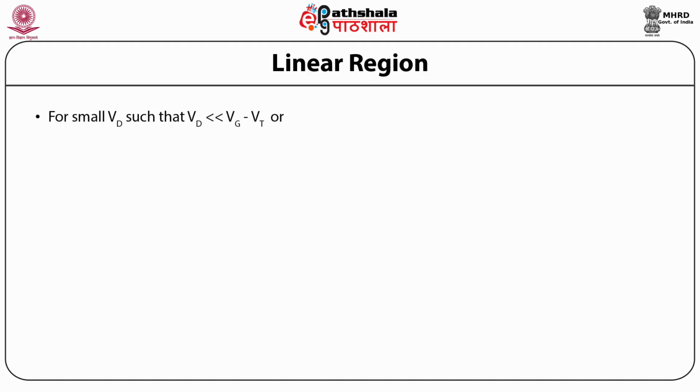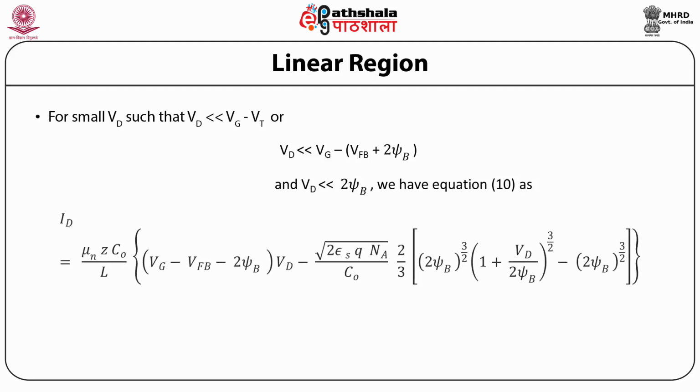For small Vd, such that Vd is very much less than Vg minus Vt, or Vd is very much less than Vg minus Vfb plus 2 psi b, and Vd is very much less than 2 psi b, we have the previously discussed equation as Id equal to mu n Z C naught by L bracket Vg minus Vfb minus 2 psi b.